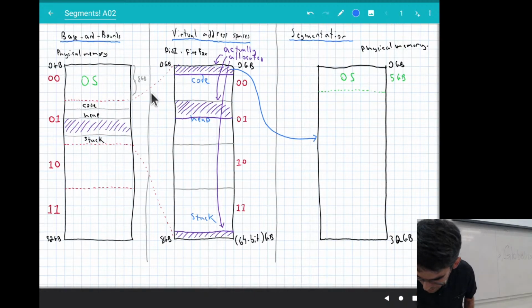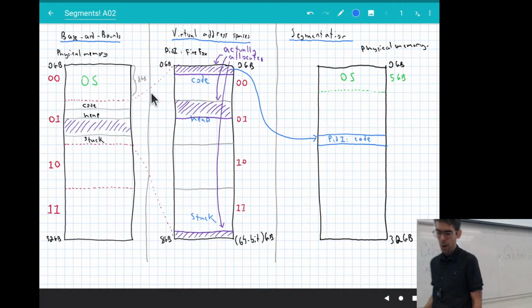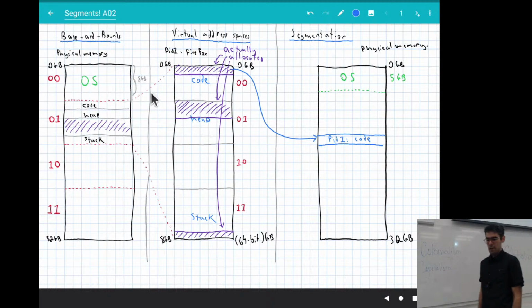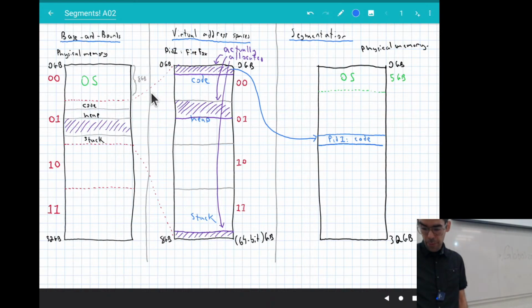I'm going to say this is the code section for process 1. And I'm going to allocate in physical memory just this one little slot of blocks that I have in my graph paper here. My heap is going to start at the addresses that start with 0, 1 in my virtual address space.